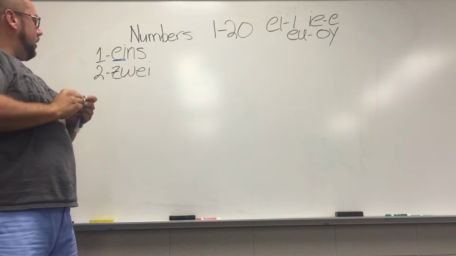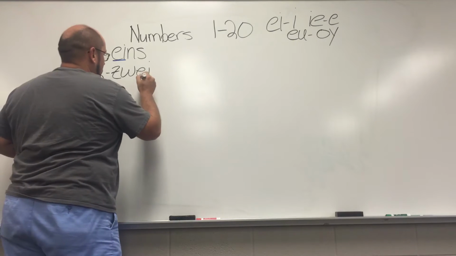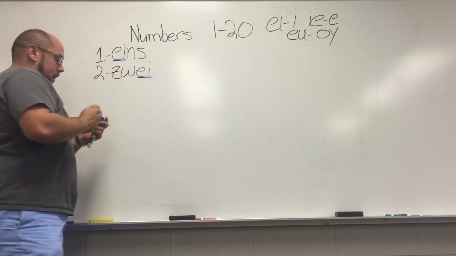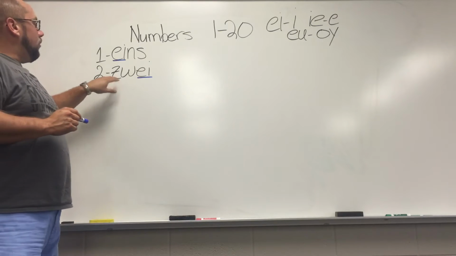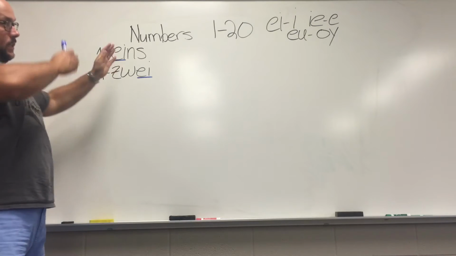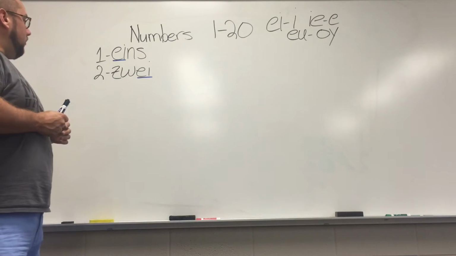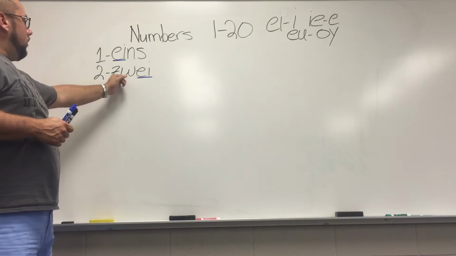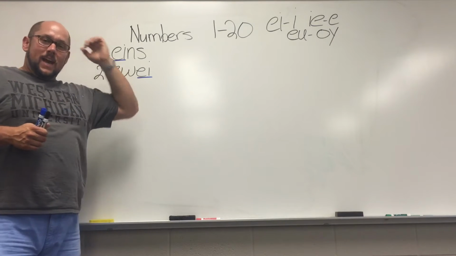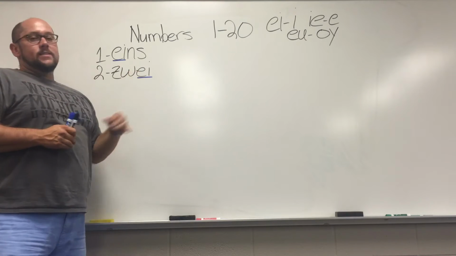Number 2. Zwei. Zwei. Again, we see our EI sound, which gives us the I. And if you remember from our alphabet, the letter Z is set, and the letter W is ve.